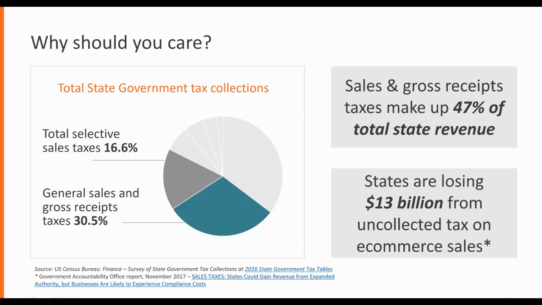That's presenting itself, one, with the Supreme Court case, two, with new laws popping up all over the country with different states on what constitutes nexus, and three, with states hiring more and more auditors to come in and find those sales and use tax mistakes and try to get that audit money to make up for the lost tax dollars.